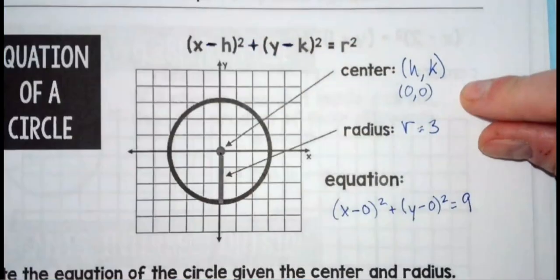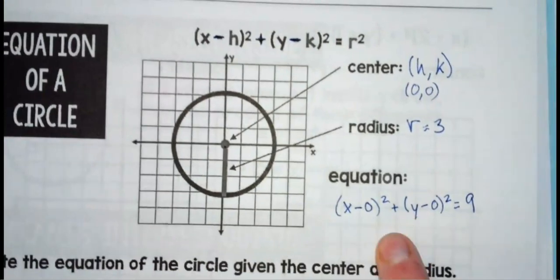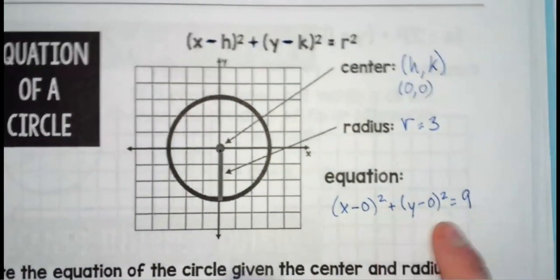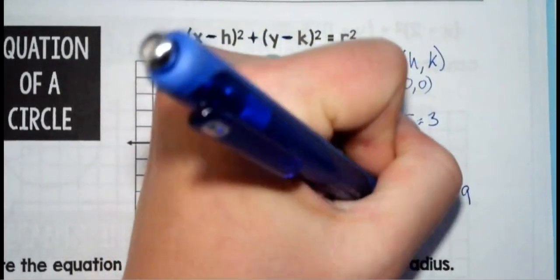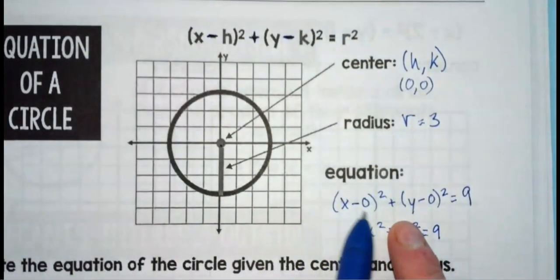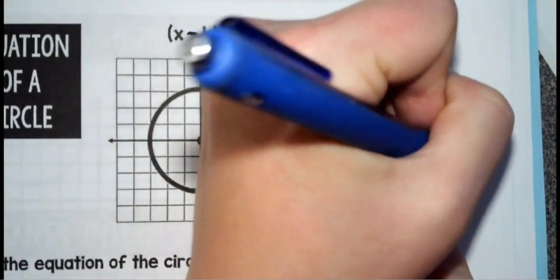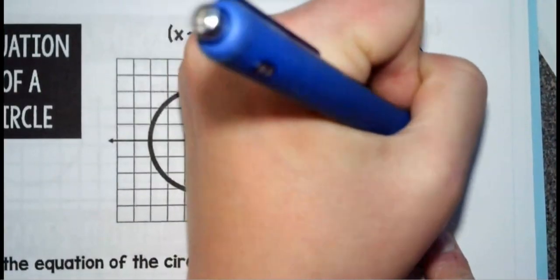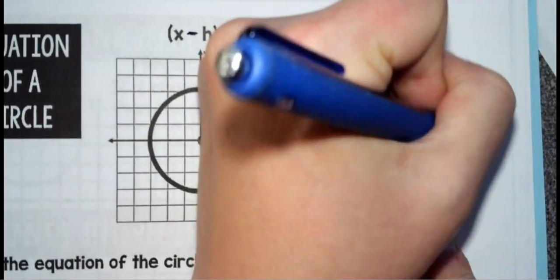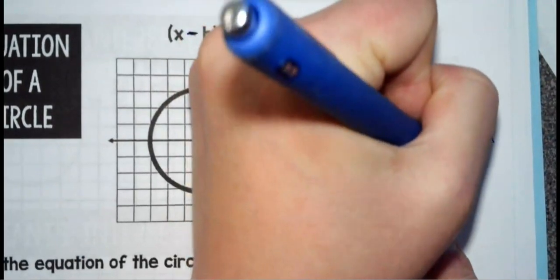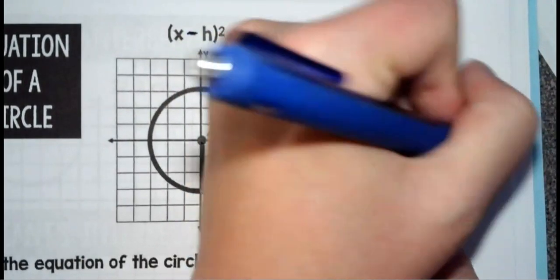Okay, here's the deal. Typically, you would be able to get rid of that 0 and just make it x squared plus y squared equals 9. But Delta Math makes you type this one in. Delta Math wants this.